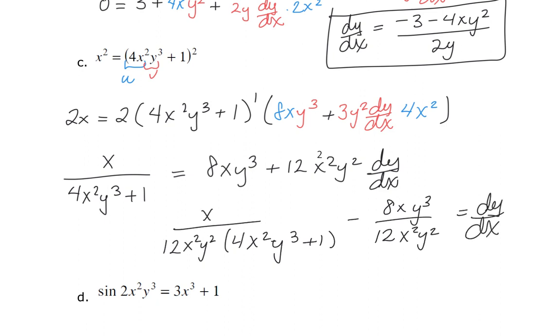And then, of course, I would simplify a little bit more by canceling the x's here, canceling down the 8 and 12, they're both divisible by 4, canceling down some x's and y's there.